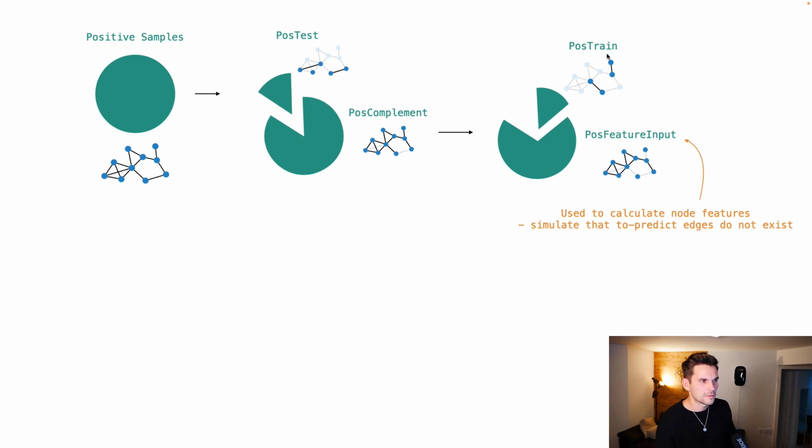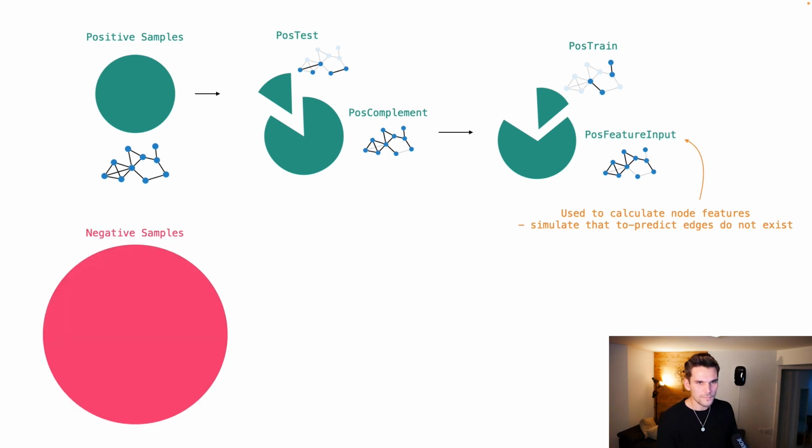The positive test set will be used for testing, the positive train set will be used for training, and the positive feature input set will be used for feature training. So we use only a subset of all edges in the graph to do the feature training, and we also use only a subset of the edges for training, and a subset for testing. And they don't leak data between them.